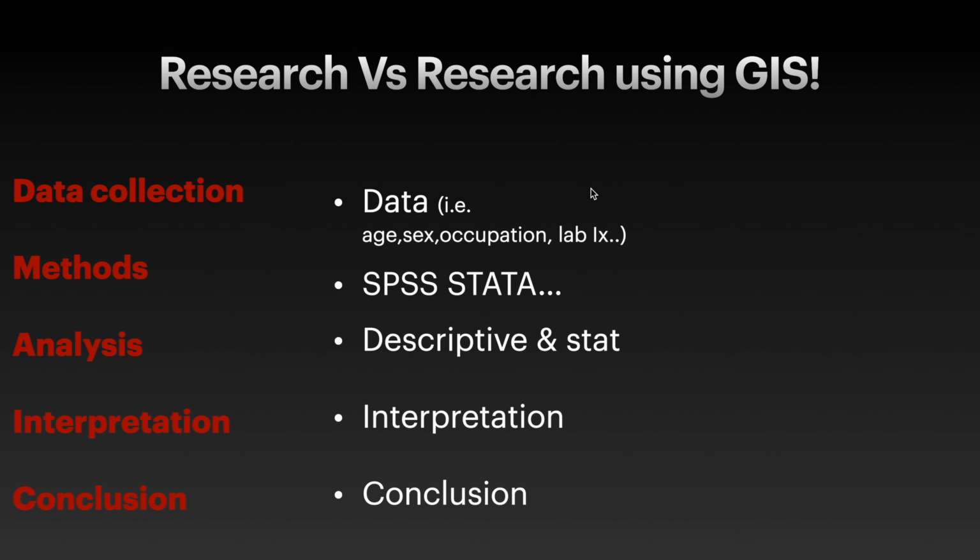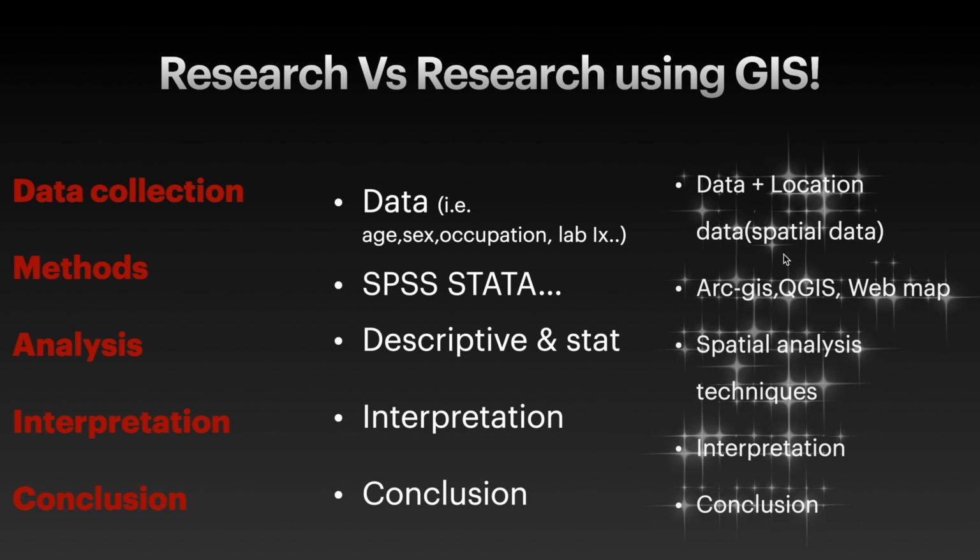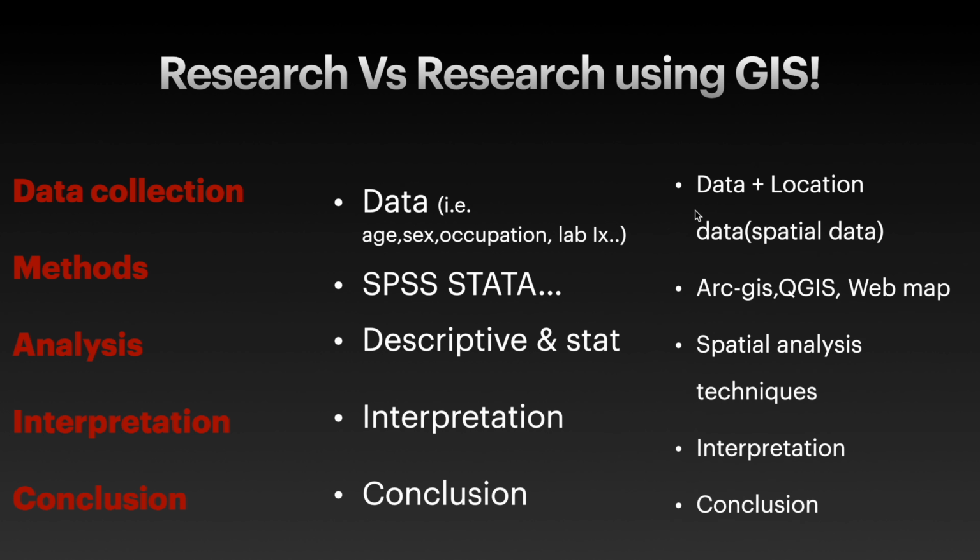Now what is additionally added by GIS? GIS uses the same data collection, but what additional data? The additional data is location, the geographic information that is attached to your data, known as the spatial attributes. For that additional information we need a technology known as geographic information technology, which includes software like ArcGIS, QGIS, WebMap, etc. As far as the analysis part is concerned, we would be doing spatial analysis techniques.